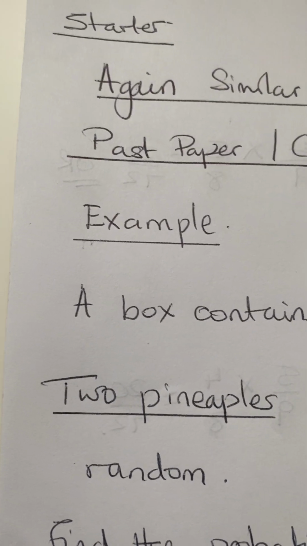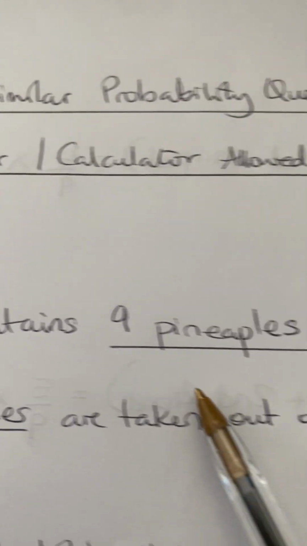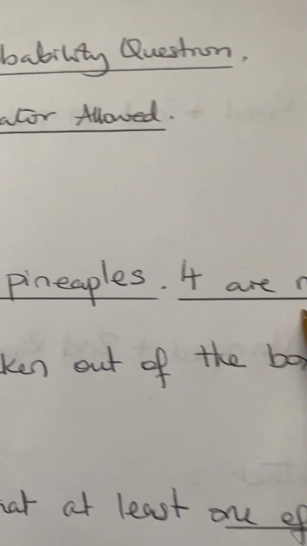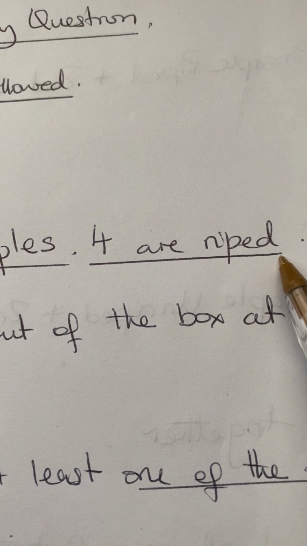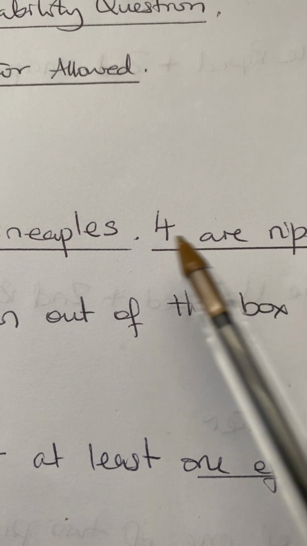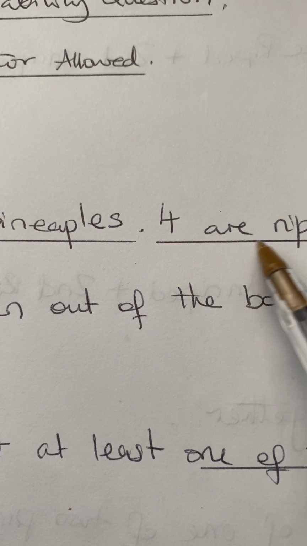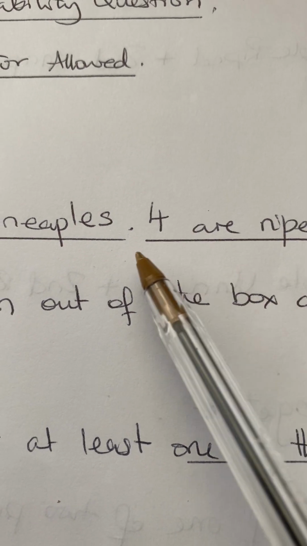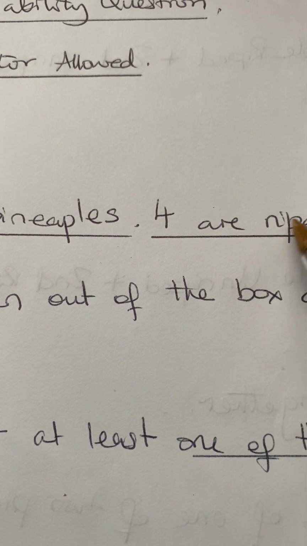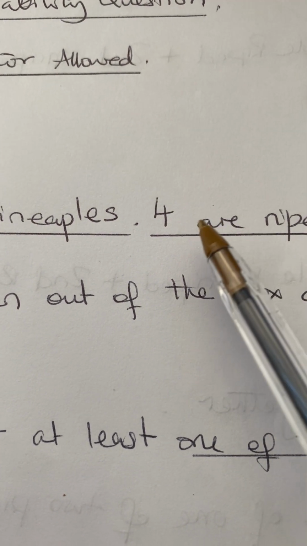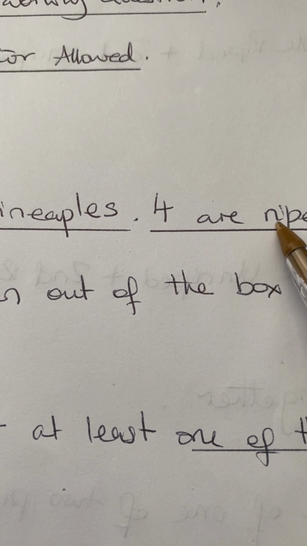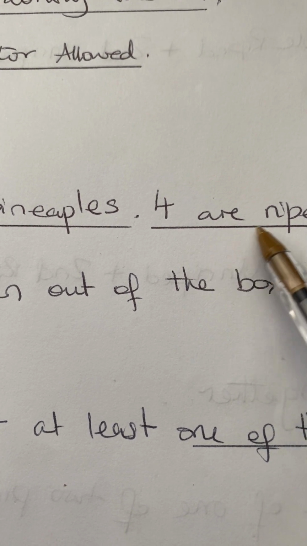What does the question say? A box contains 9 pineapples. 4 are ripe. We've seen a question of counters, 4 are blue. We've seen a question of microphones, 4 are blue. We've seen a question of sweets, 4 are blue.